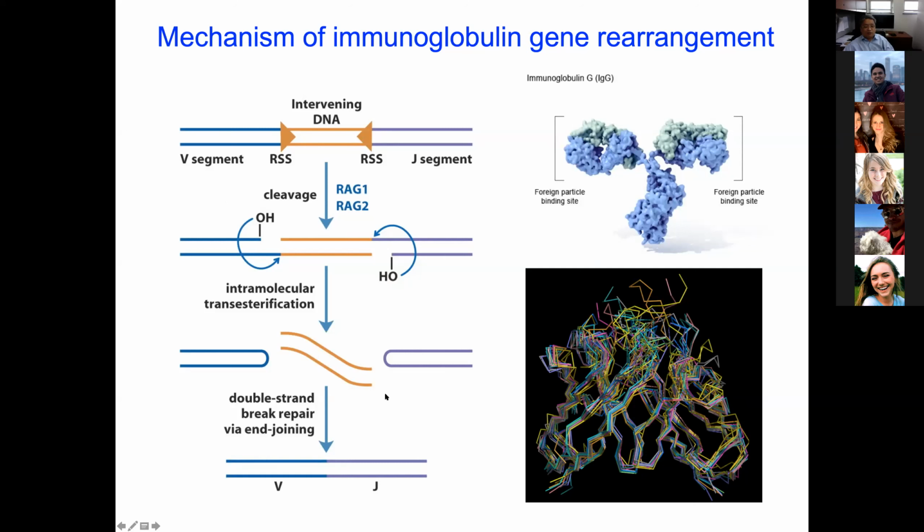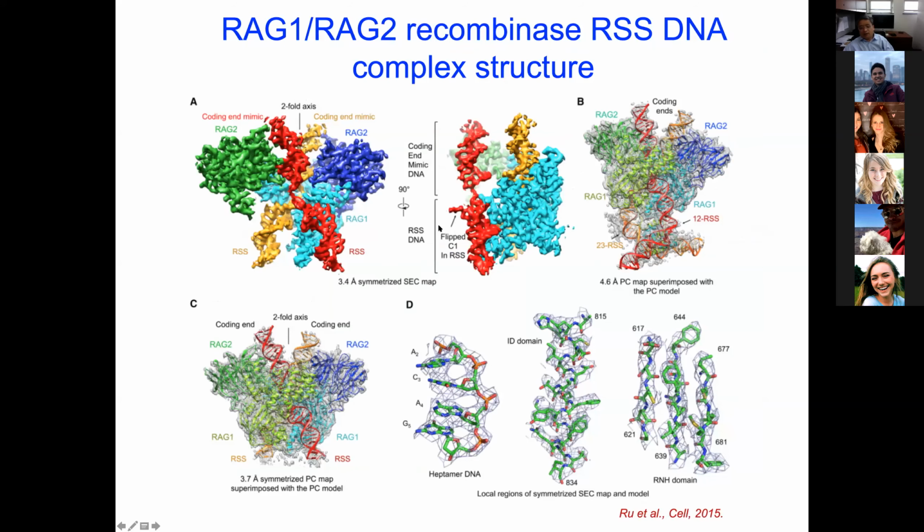You see that the sequence in the middle of the two signal sequences can be cleaved, and then the two ends of the double strand can be connected to each other. This is still a pretty active field of study in the last couple of years, and the molecular mechanisms have just started to emerge. Here is a structure of the RAG1, RAG2 recombinase bound to double strand DNA.